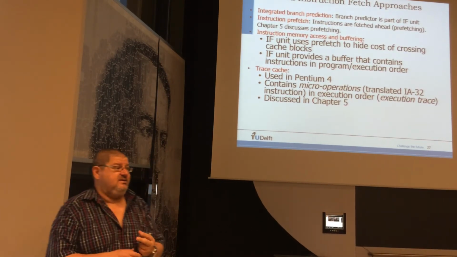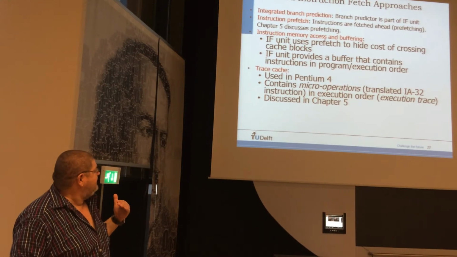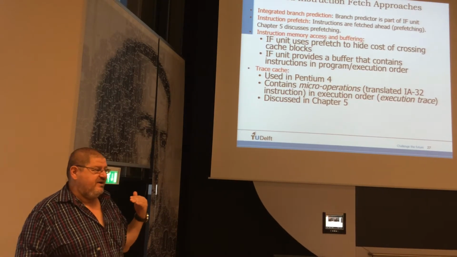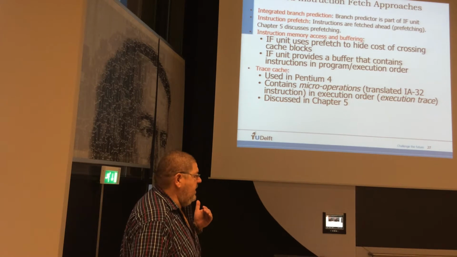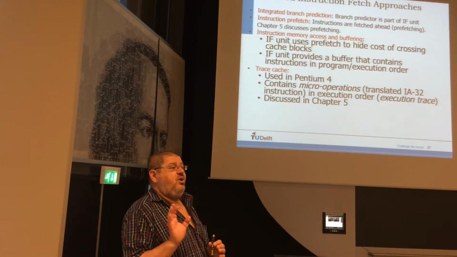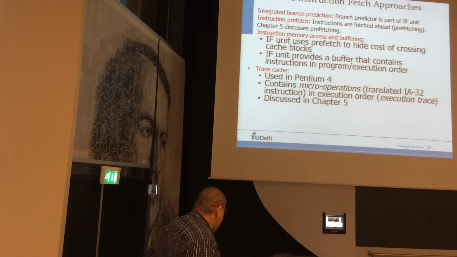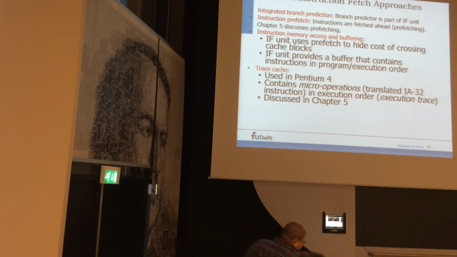Now there is another interesting construction which is called trace cache. When you execute a program, what is happening is that you start here, you execute for a while, then you have a branch, you go here, you execute for a while, then maybe you return here, and things like that.